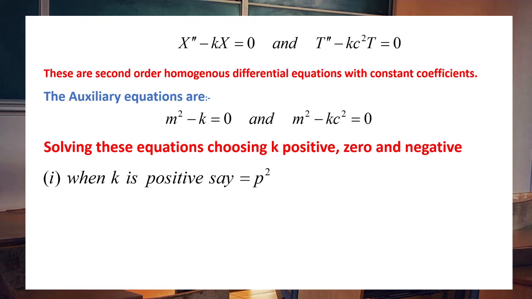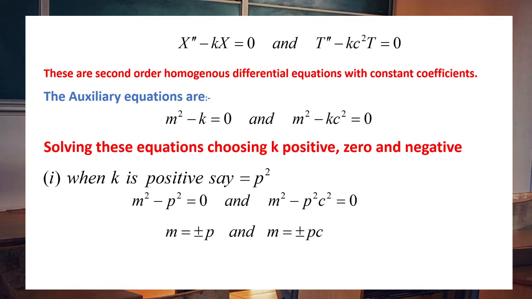We know that the square of a number is always positive. The first equation becomes m² minus p² equal to 0 and the second becomes m² minus p² c² equal to 0. Solving, we get m equal to plus or minus p and m equal to plus or minus pc.